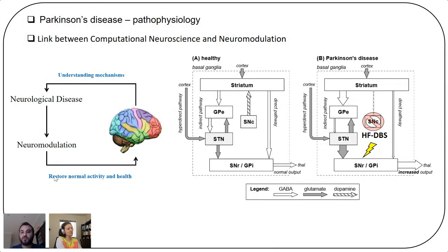This is useful because it will be used for the treatment of patients with neurological disorders. So this can be interesting for those who want to pursue the field of computational neuroscience, who can see the application and how useful these computational models are for patients.